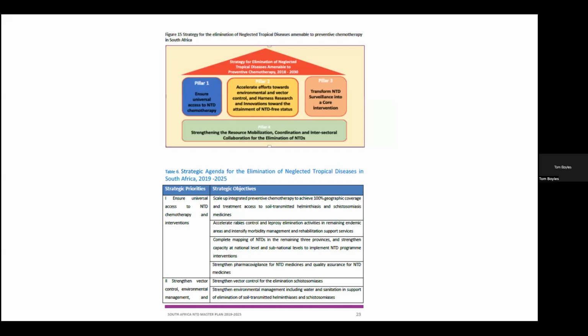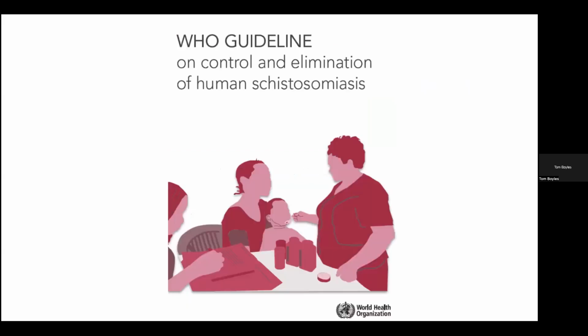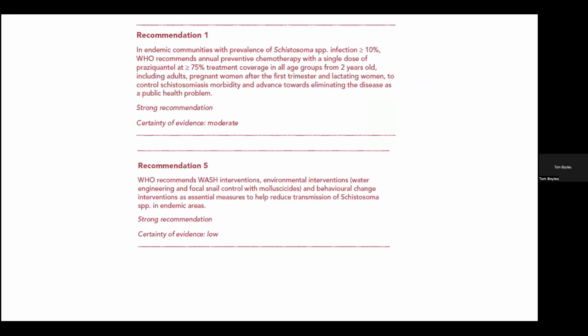In terms of the actual processes, the WHO has a very strong guideline on the control and elimination of human schistosomiasis. It's very thorough and gives lots of detail. I'll show you a couple of the key recommendations.